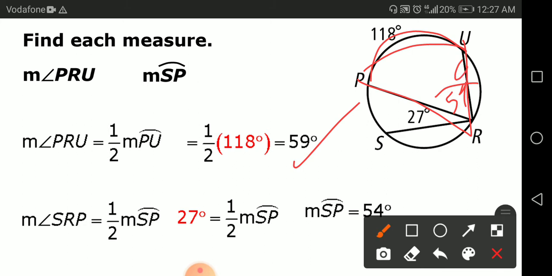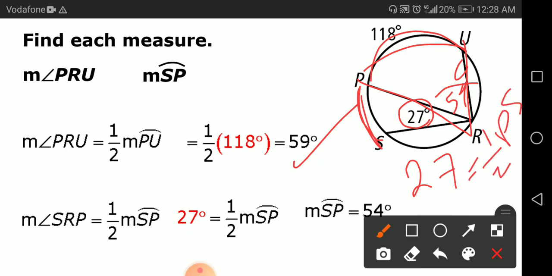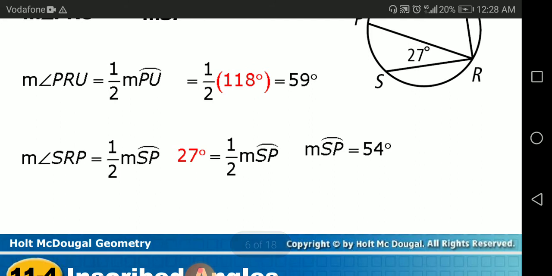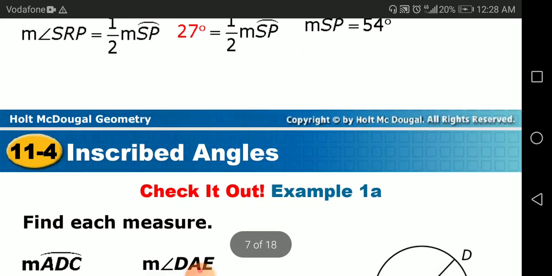He asks me about arc SP, and I got this 27. We know that this 27 is half of arc SP, so I will know this very easily: 27 times 2 to get the whole arc. It will be 54. Easy? I think it's very easy.